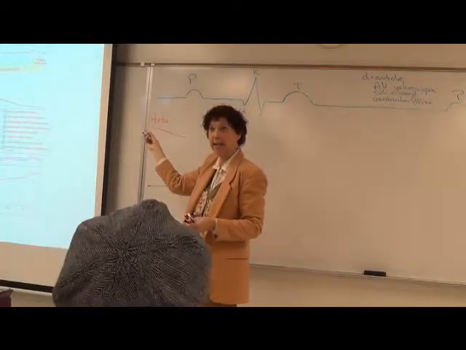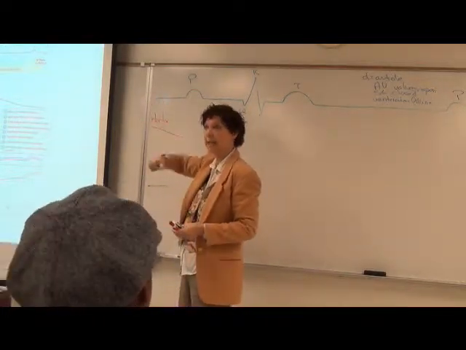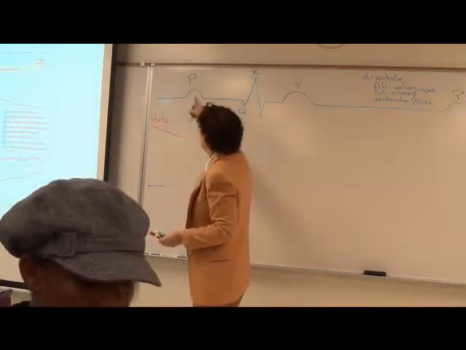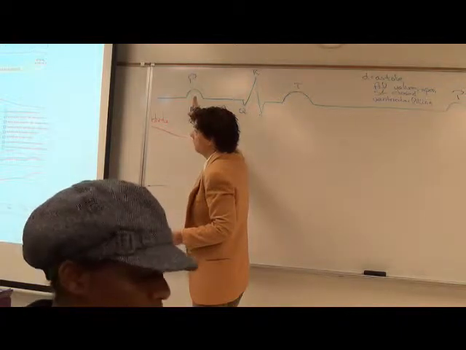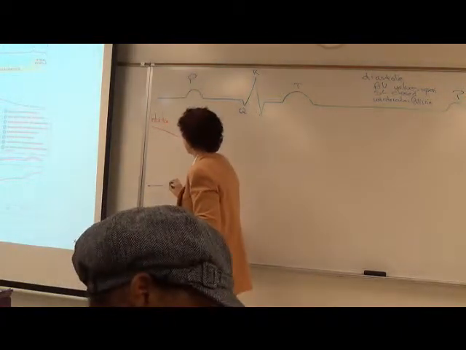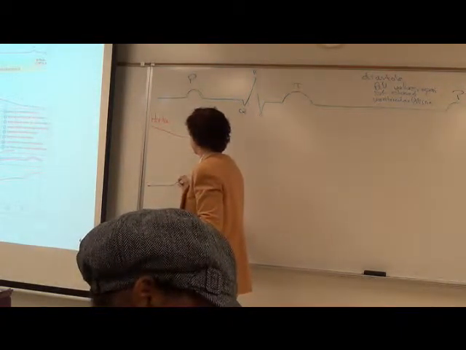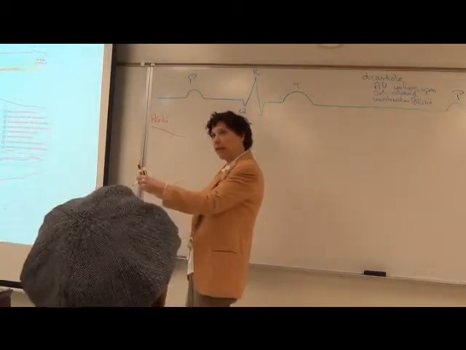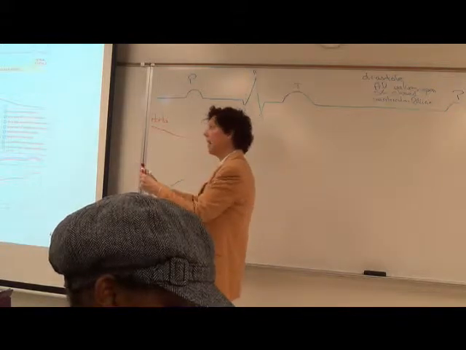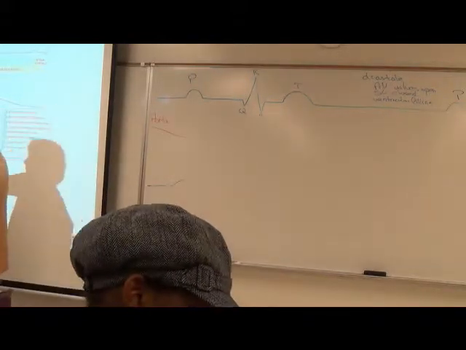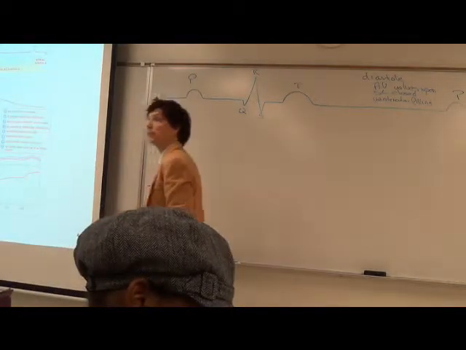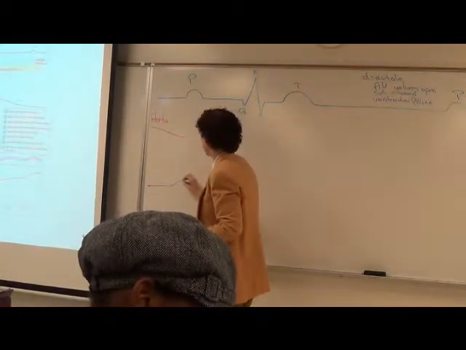The autorhythmic cells depolarizing and reaching their action potential, the pacemaker potential. All right, so the atrial cells start to depolarize, and that causes an increase in atrial pressure. Because even though the AV valves are open, we have a contraction and a squeezing of the atria. So in line with the P wave, we see this increase in atrial pressure because the atria contract.